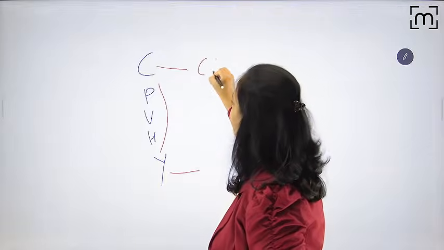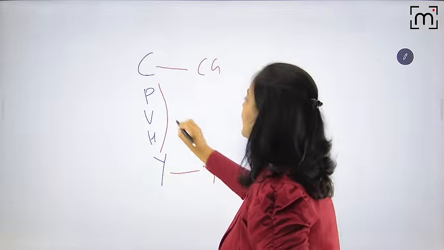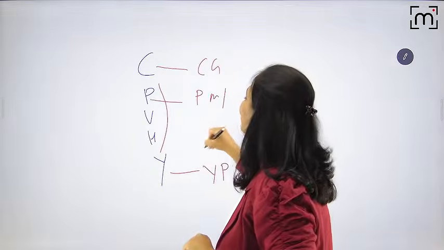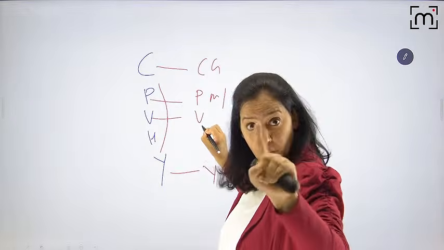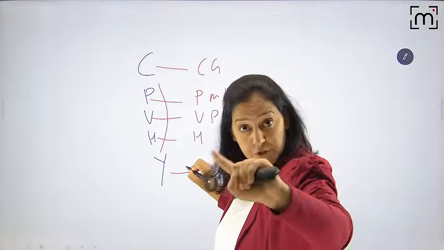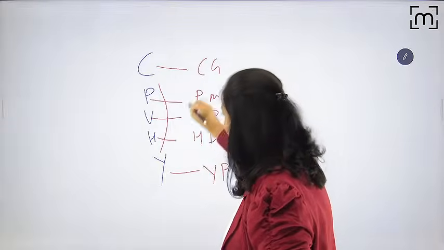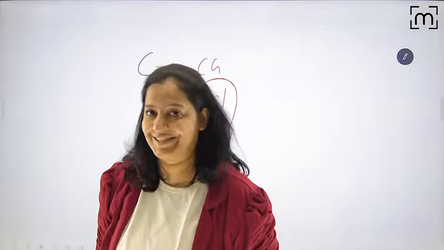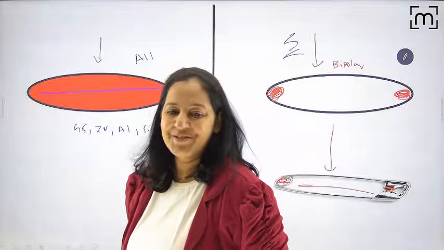This is Campylobacter granulomatis, Yersinia pestis. This is Pseudomonas, not aeruginosa, it's mallei. This is Vibrio, not cholerae, it's Vibrio parahaemolyticus. This is Haemophilus, not influenzae, it's Haemophilus ducreyi. Because the main heroes also come in your options, I'm asking you to mind it. Okay, got it? So we are done with this topic.